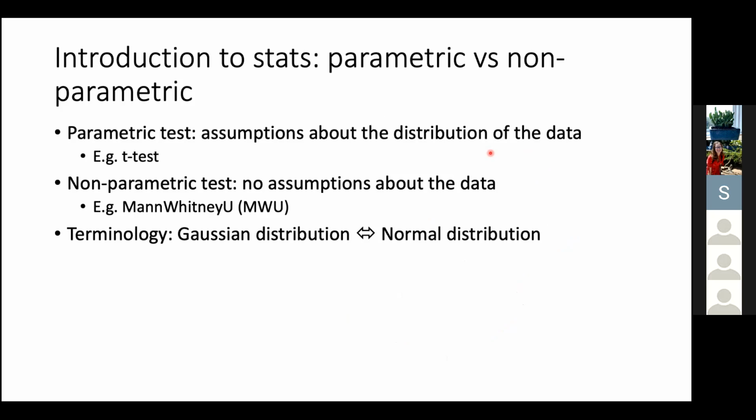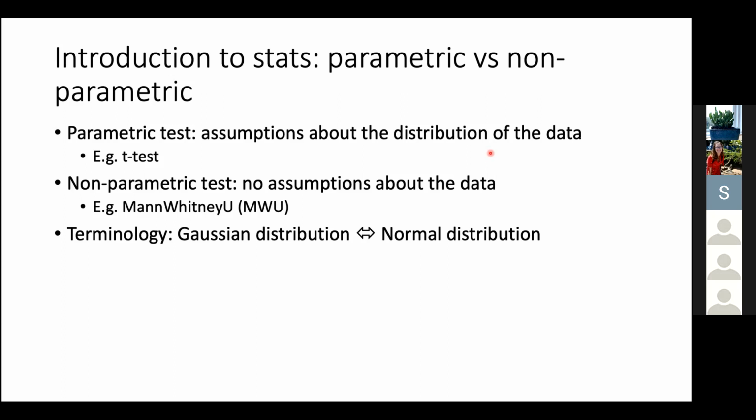Okay, so now I'm going to go through 300 years of statistics in 5 slides. I want to talk about parametric versus non-parametric tests. A parametric statistical test is one where you're making assumptions about the underlying distributions of your data. The example of a parametric test that we're going to talk about is the t-test. I'm going to talk about what those assumptions are.